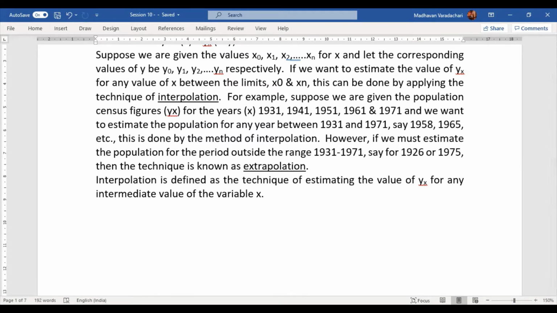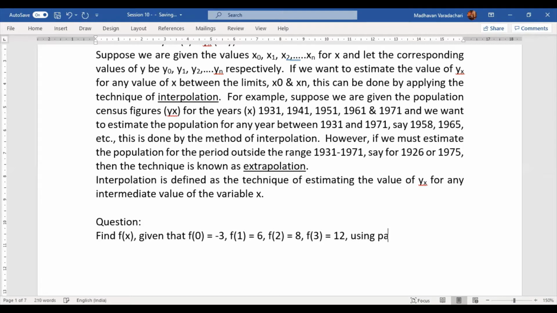Now let us understand how we do all this with an example. Find f of x given that f of 0 is equal to -3, f of 1 equal to 6, f of 2 equal to 8, f of 3 equal to 12.